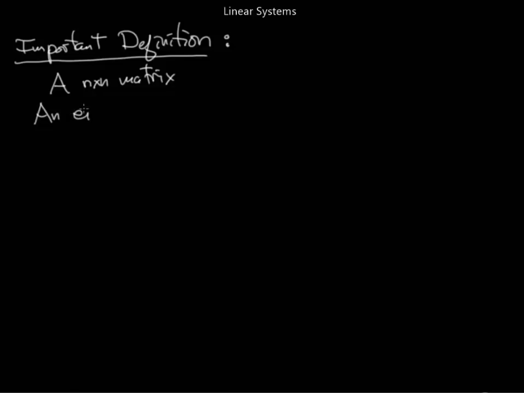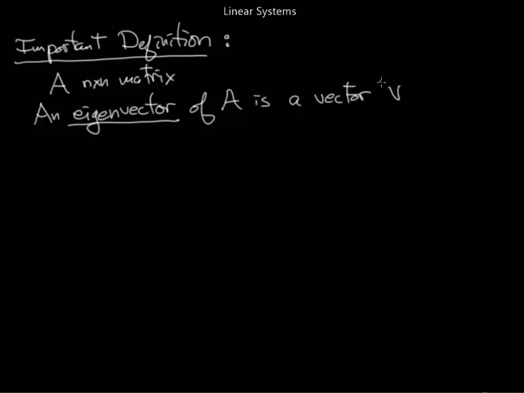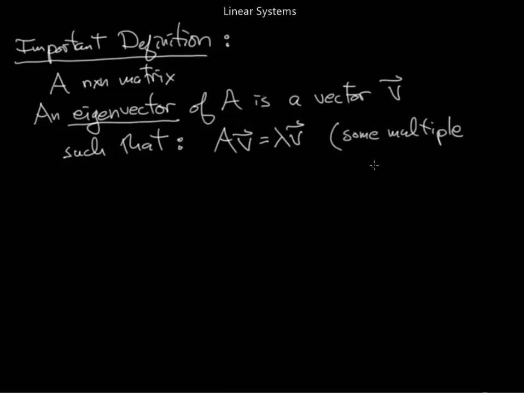We say an eigenvector of A is a vector v which satisfies the following equation. If you multiply on the left by A, what you get is a multiple of v. A applied to v is some multiple, which I'm calling lambda, times v.